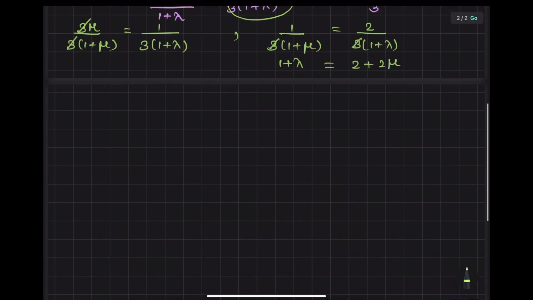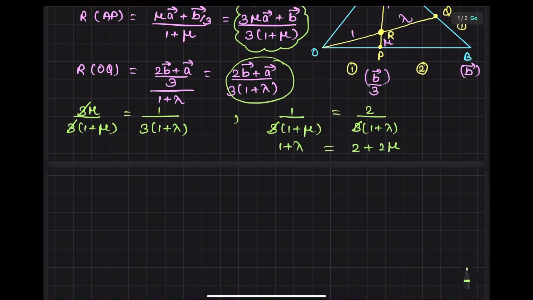From this we can say that (lambda minus 1) by 2 equals mu, or the value of lambda becomes 1 plus 2 mu.